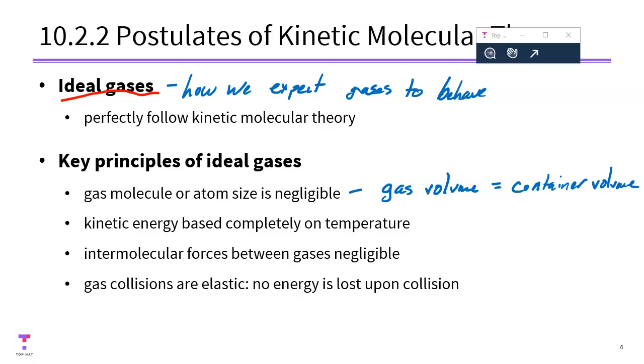The volume of the container being the volume of the gas makes it really easy to parse that out, as opposed to going, okay, well, the container's 3 gallons, but the volume of the gas molecules itself is probably about a half a gallon, so I've got to think it's more like 2.5 gallons of space instead. Because those molecules are so small relative to the size of the container, we can forget that they exist, at least at the molecular level.